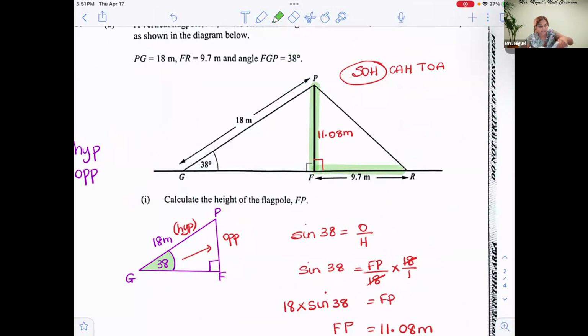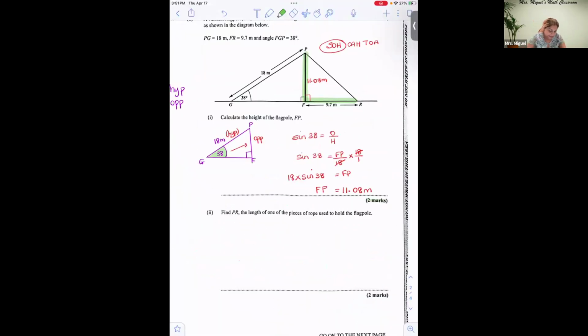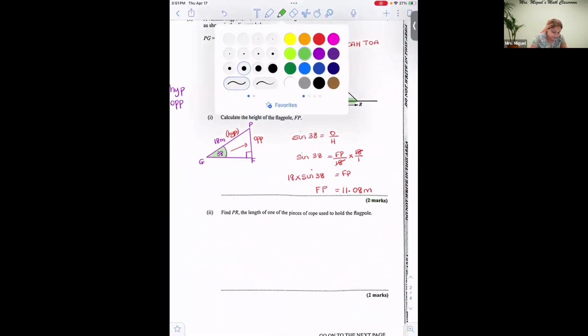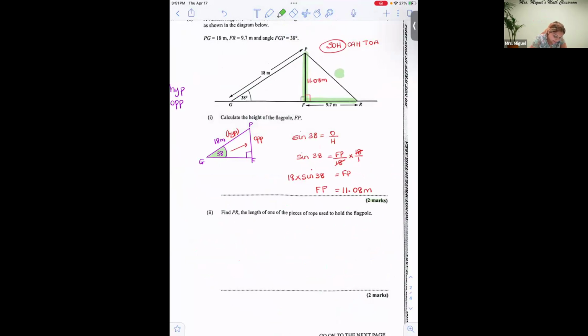So let me use Pythagoras' theorem to find the length of the flagpole. So this is C, this is A, and this is B. So C squared is 11.08 squared plus 9.7 squared. Square the numbers, add them, and find the square root.